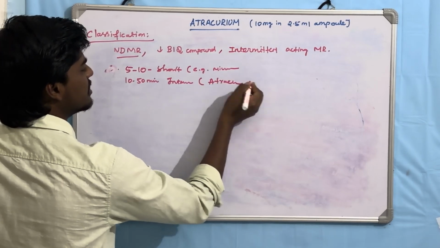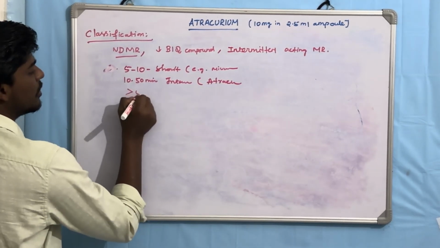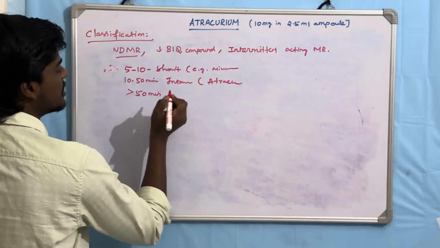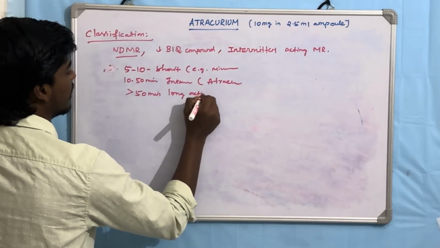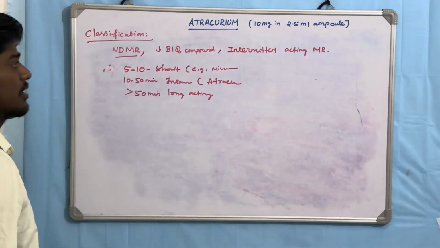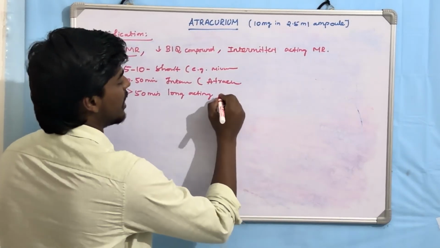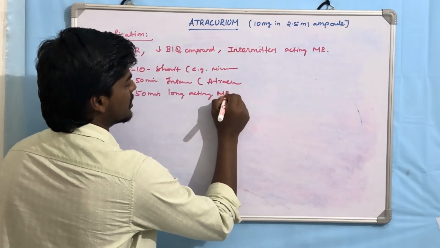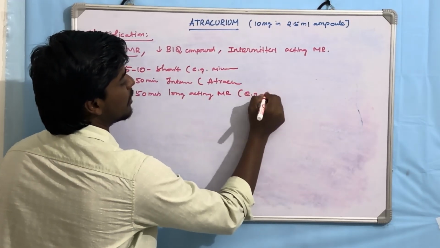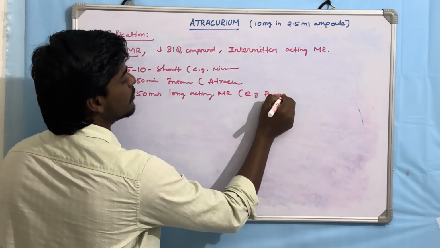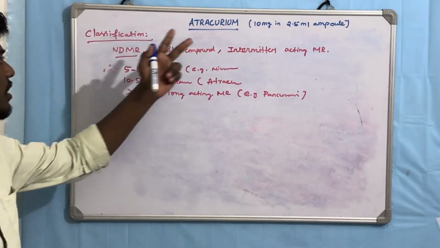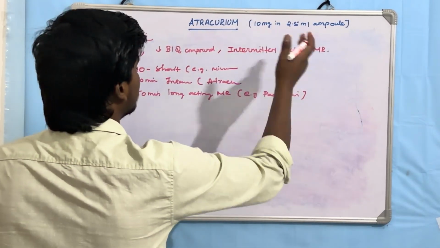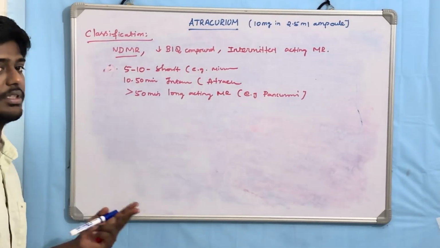Most of the drugs come under this. More than 50 minutes is a long acting muscle relaxant, for example, Pancuronium. That is the classification of muscle relaxants based upon the duration of action. According to this classification, Atracurium is an intermediate acting muscle relaxant.